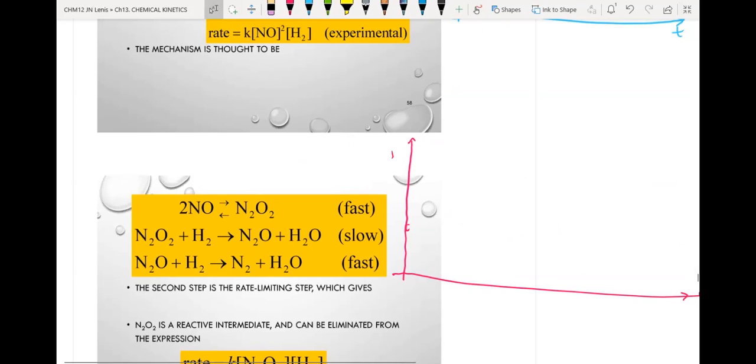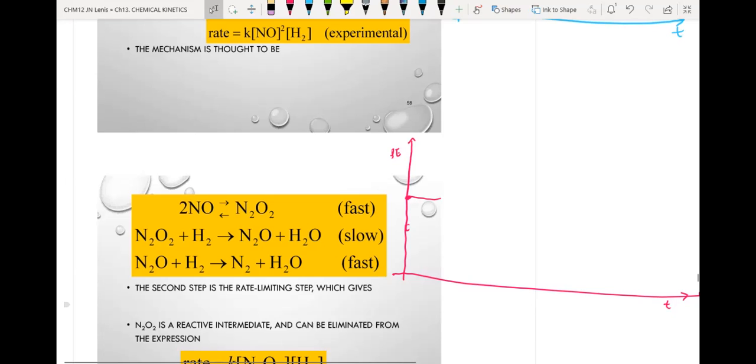What coordinate is this? Potential energy. What coordinate is this? Time, or reaction coordinate. We have reactives. Let's put reactives somewhere here with this initial potential energy.